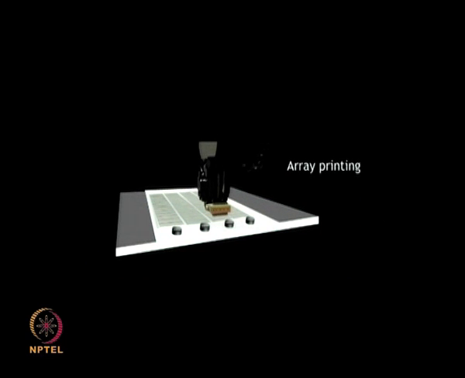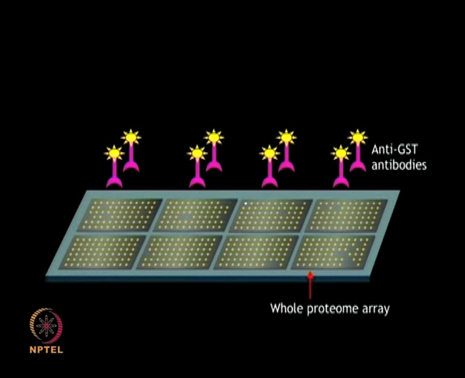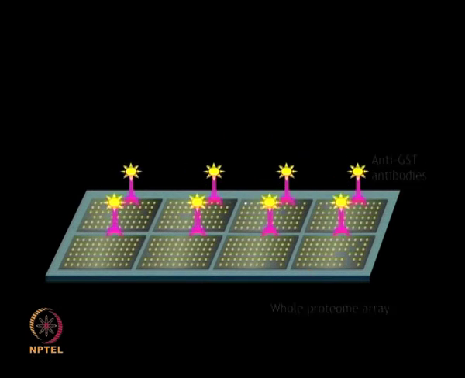The study was performed by Zhu et al., Global analysis of protein activities using proteome chips. Authors generated a yeast whole proteome array by expressing 5800 purified proteins on a single nickel-coated slide.